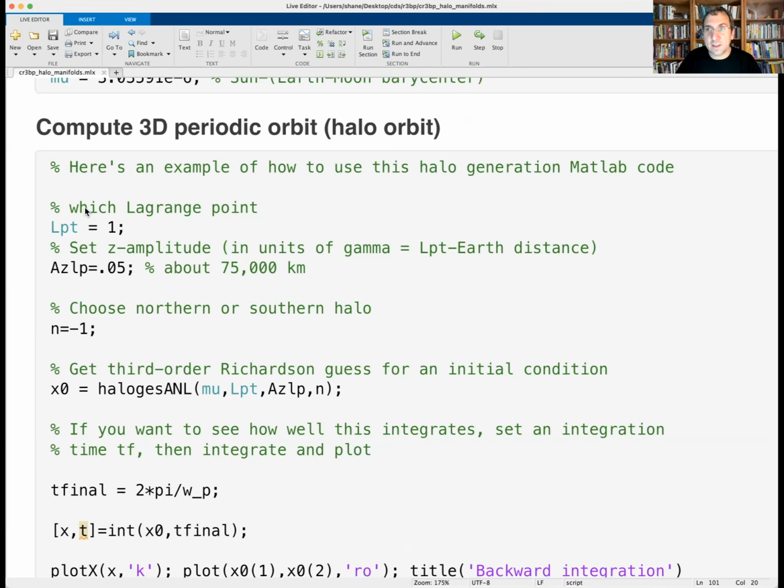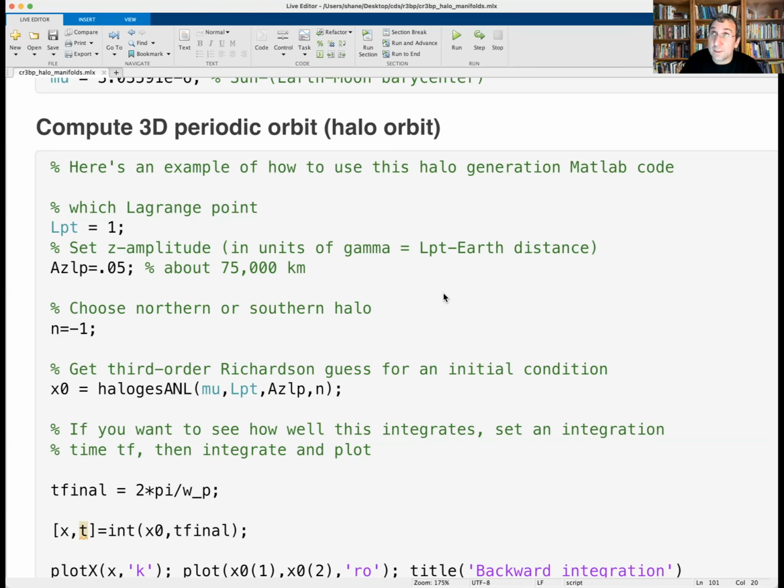So we'll pick, let's say that the L point will be L1, and then we need to set the Z amplitude. We're going to be calling a function that gives us the Richardson approximation. I think halo guess ANL stands for analytical. I'm just going to pick a Z amplitude that's kind of small, 0.05 in these units of the L1 to Earth distance.